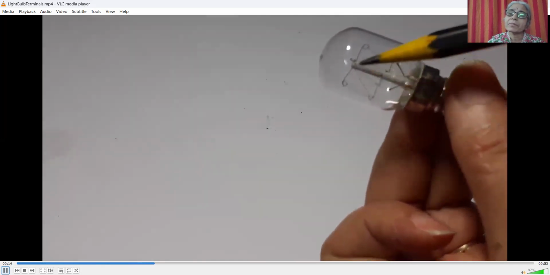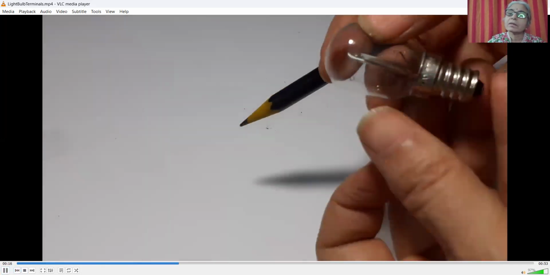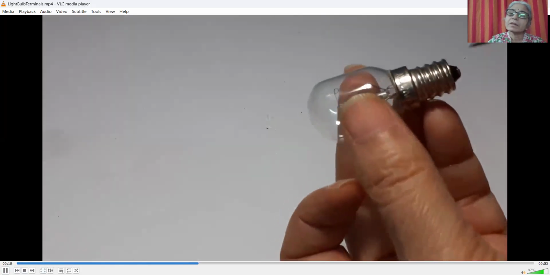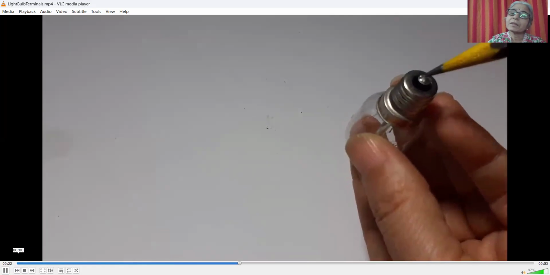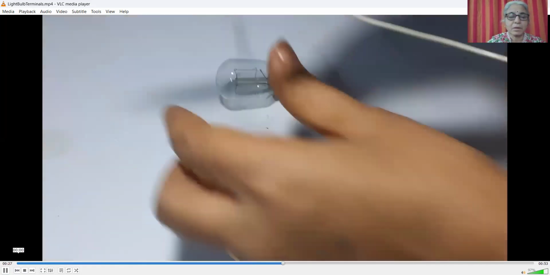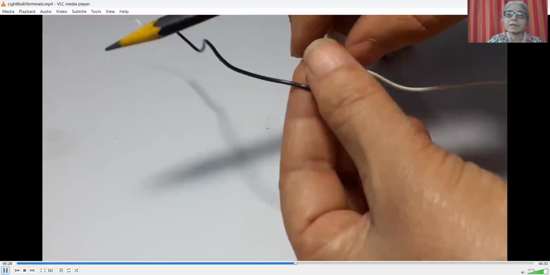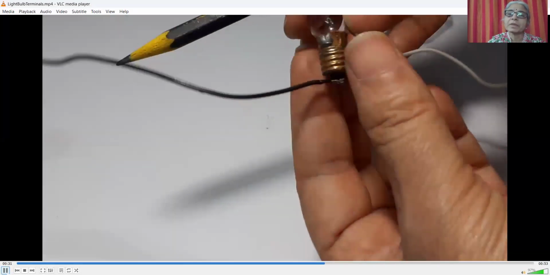These are the two terminals, one here and the other one, the bright spot there, which are separated by the dark waxy substance. This is another smaller bulb.